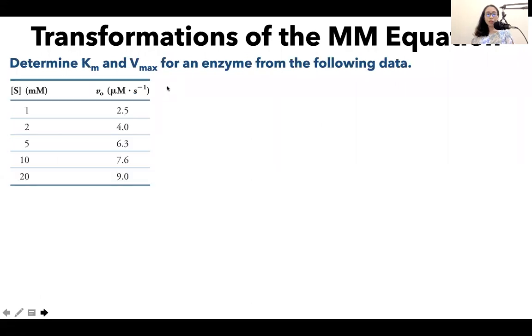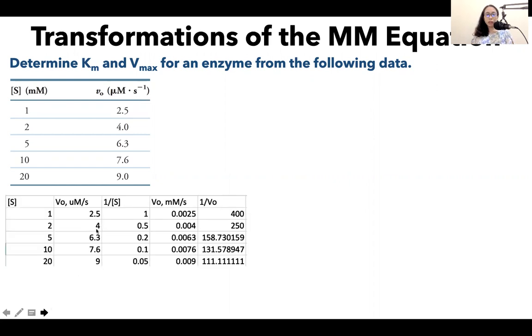We are given the concentration of the substrate in millimolar and the initial velocity in micromolar per second. So we can create a table, and I have here the inverse of the substrate concentration. Prior to getting the inverse of the initial velocity, I changed the unit of my initial velocity so that the units are consistent.